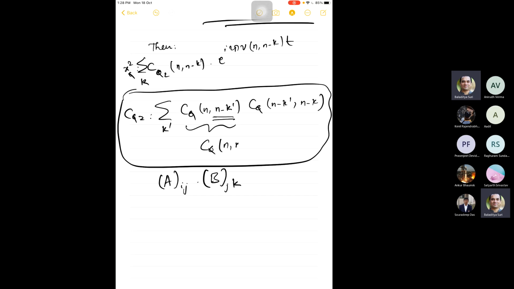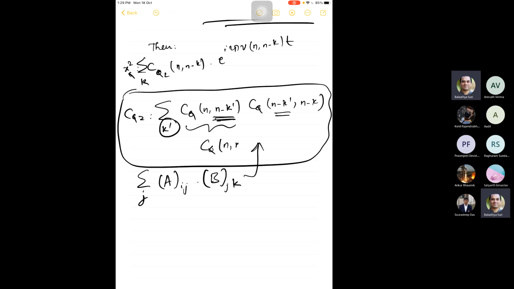You take Aij times Bjk and you sum over all j. This is how you multiply matrices. This is exactly that. N minus K prime is what is being summed over. So CQ2 is the matrix multiplication of these CQs.